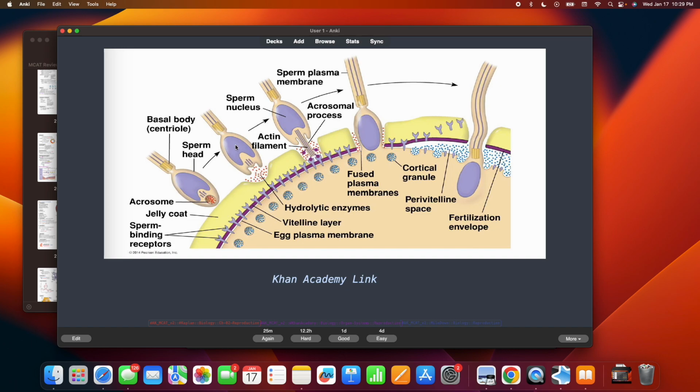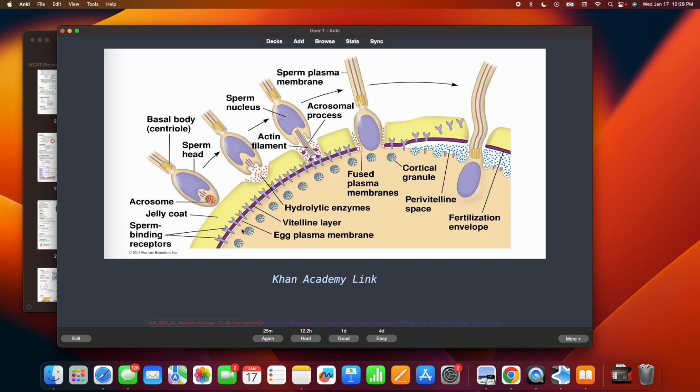Boom. The hydrolytic enzymes are here. Hydrolysis means they break down with water, right? Like the gel. And then we have vitelline layer.